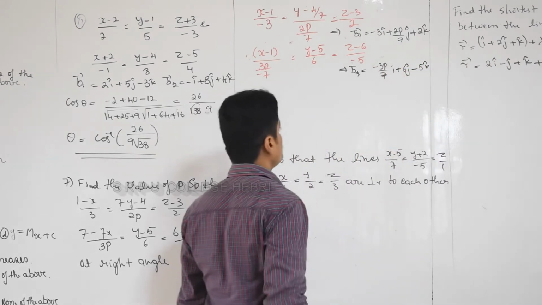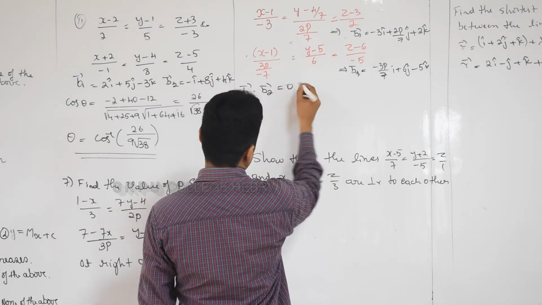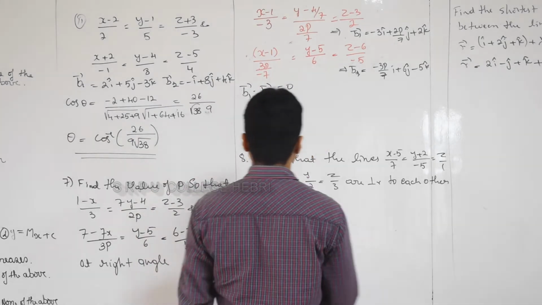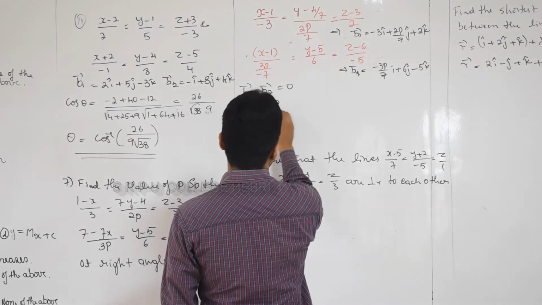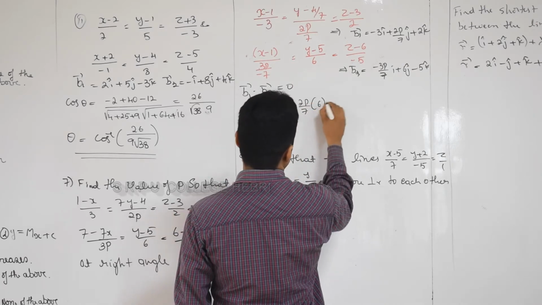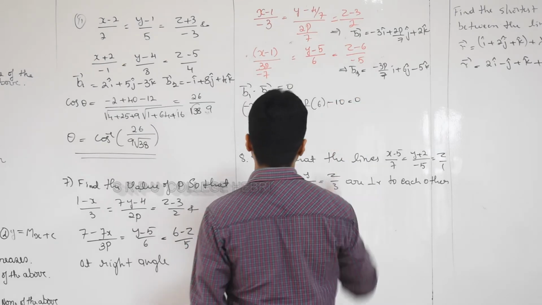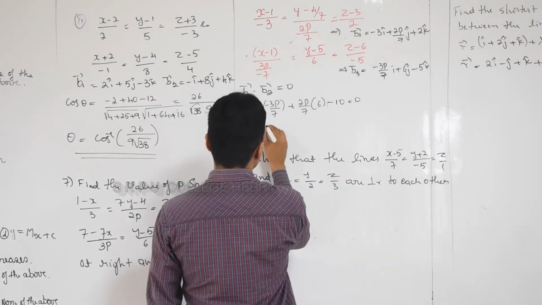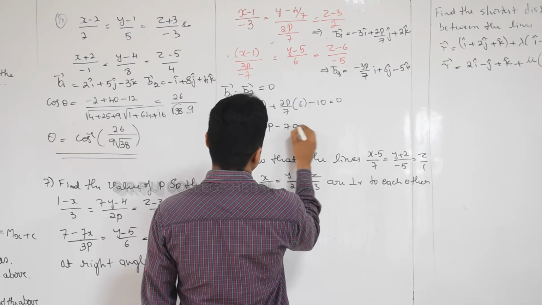Now you have to use the condition that b1 dot b2 will be equal to 0 because they are perpendicular. So the dot product: minus 3 into minus 3p by 7 plus 2p by 7 into 6 plus 2 into minus 5, that is minus 10, is equal to 0. So 9p plus 12p minus 70 is equal to 0.